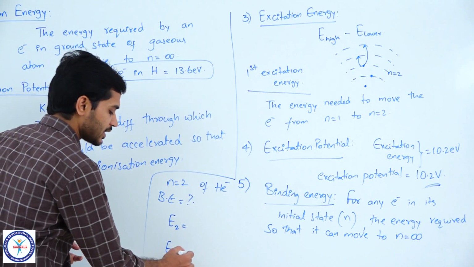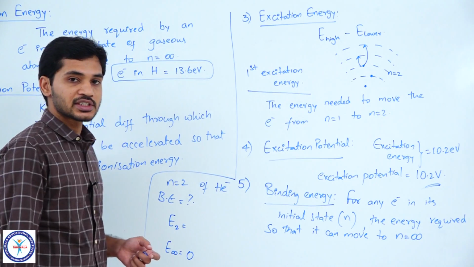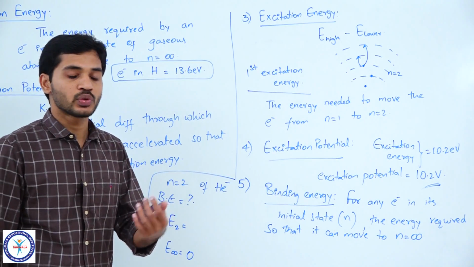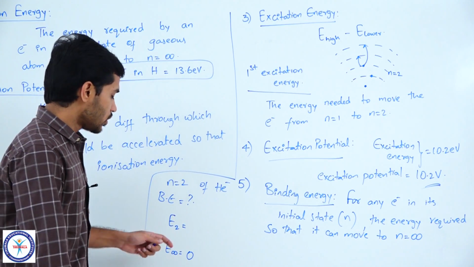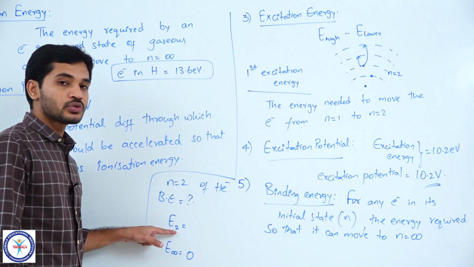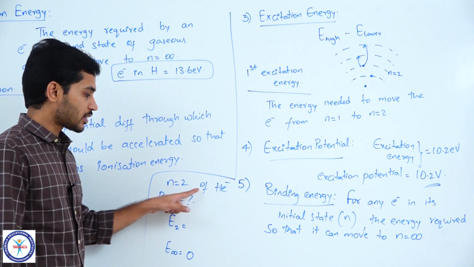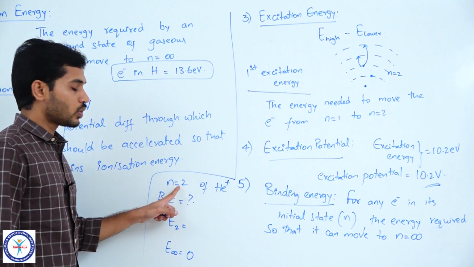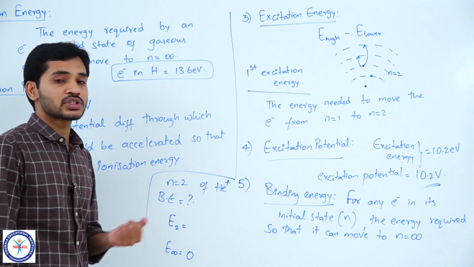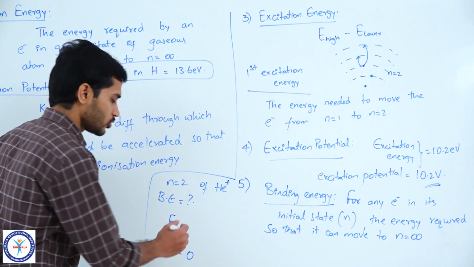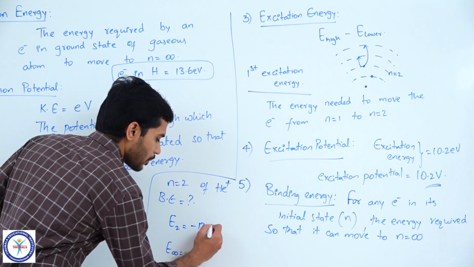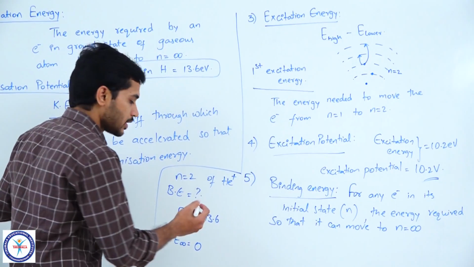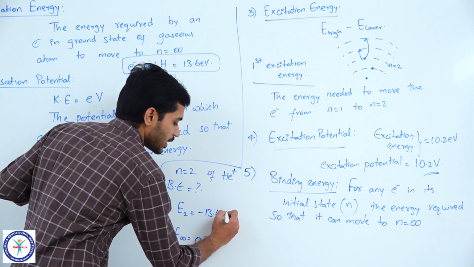You all know that the energy of an electron in the infinity state would be 0. When it is completely removed, its energy becomes 0. And when it is in n equal to 2 state of He plus, how much energy does it possess? We already have an expression for that: minus 13.6 into Z square by n square.